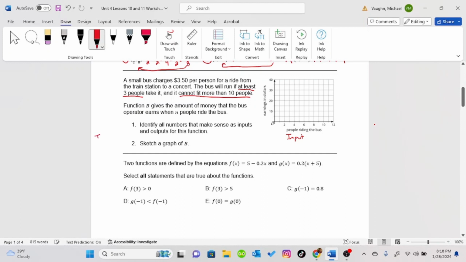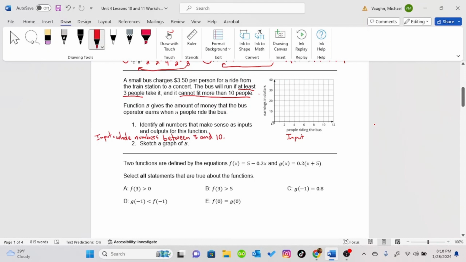So the input is whole numbers because you cannot have partial people. And that is between 3 people at the least and 10 people at the most.